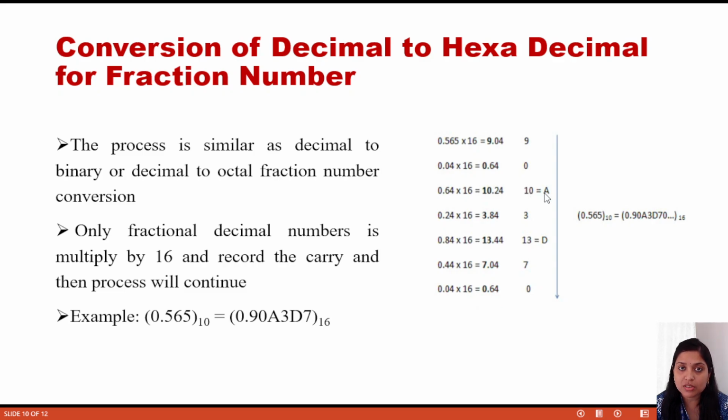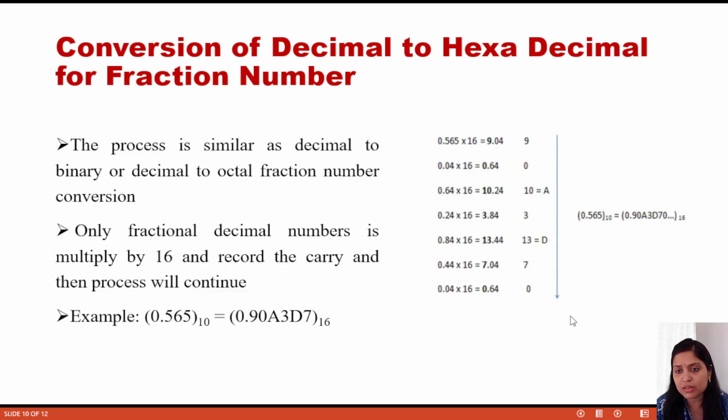and it will be represented as A because it is a hexadecimal number. The rest of the part, 0.24, will go for the next multiplication, then the result will come 3.84, again 3 will go as a carry and 0.84 will come for the next multiplication, again 13.44, that means 13 will go as a carry, and 13 we represent as D as it is a hexadecimal number, and the rest of the part, 0.44 into 16, we do the multiplication again, the result will come 7.04.